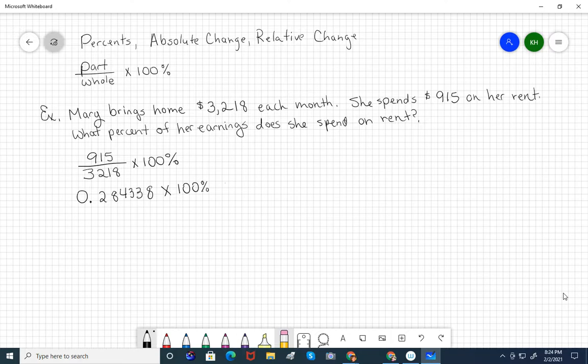So if I multiply that by 100, I get 28.4. Most of the time, it tells us to go ahead and round it to the nearest tenth. This is the tenth. You look next to it. If this number is less than 5, you are not going to round up. If it's 5 or more, you're going to round up. So the answer to our question is 28.4%.